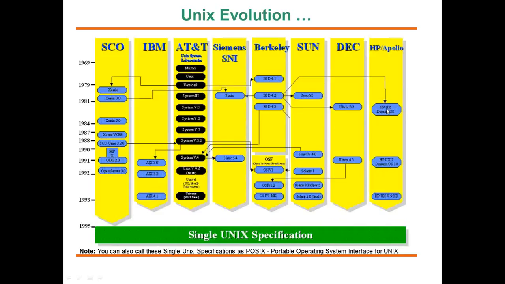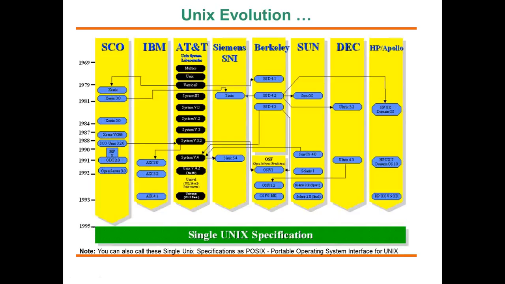If I wanted to migrate from HP to AIX, it was a nightmare at that time, because each has its own configurations, its own way of writing the commands, and its own way of implementing the features.